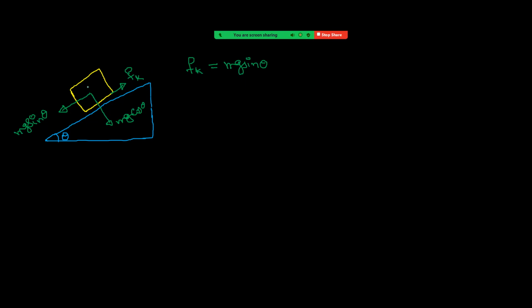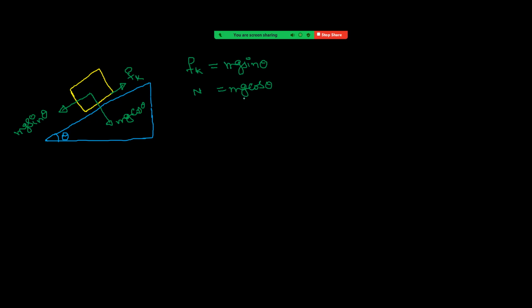Next, normal to the incline, there is no net force. Therefore, normal reaction should balance mg cos theta. So up to here it is okay.